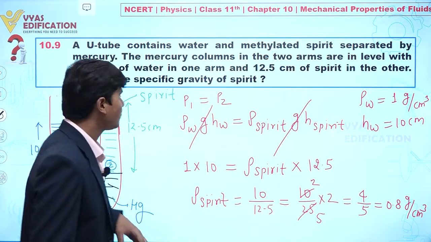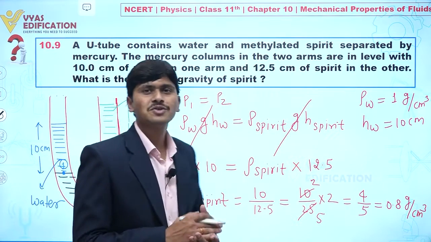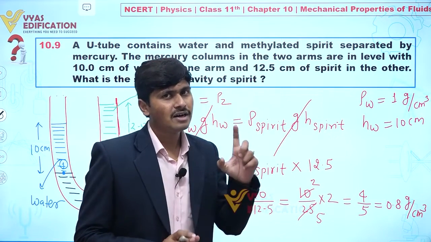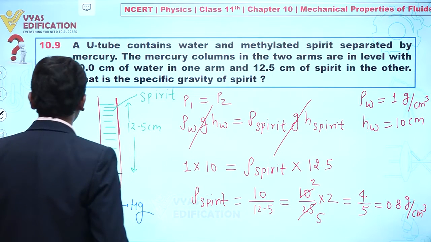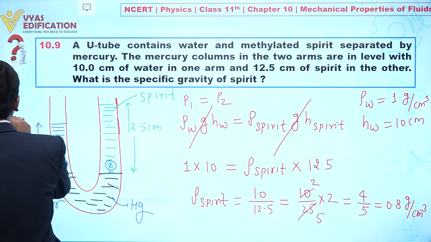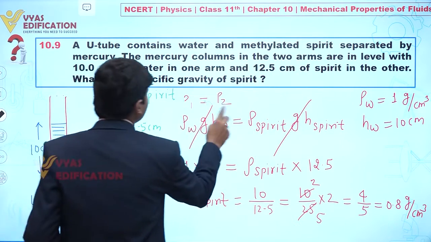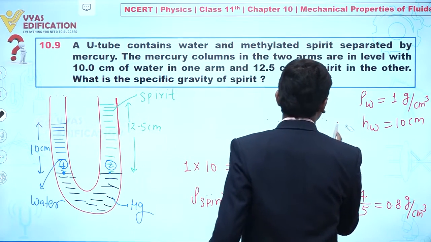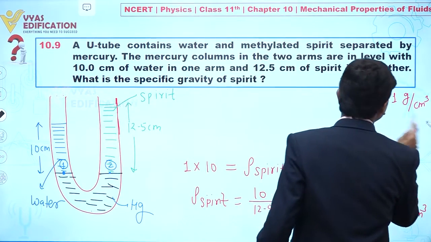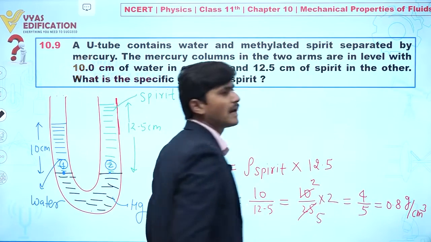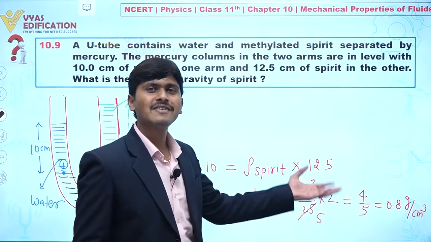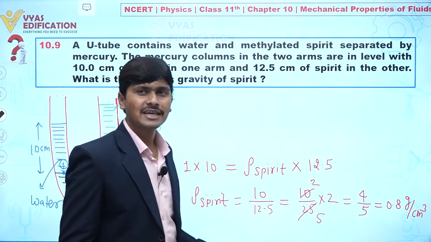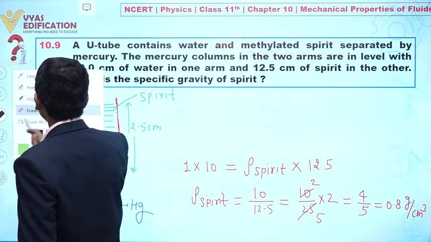But what is my objective? My objective here is to calculate the value of specific gravity. Listen carefully. How can we define specific gravity? Specific gravity is defined as the density of a spirit divided by the density of water at 4 degree Celsius.